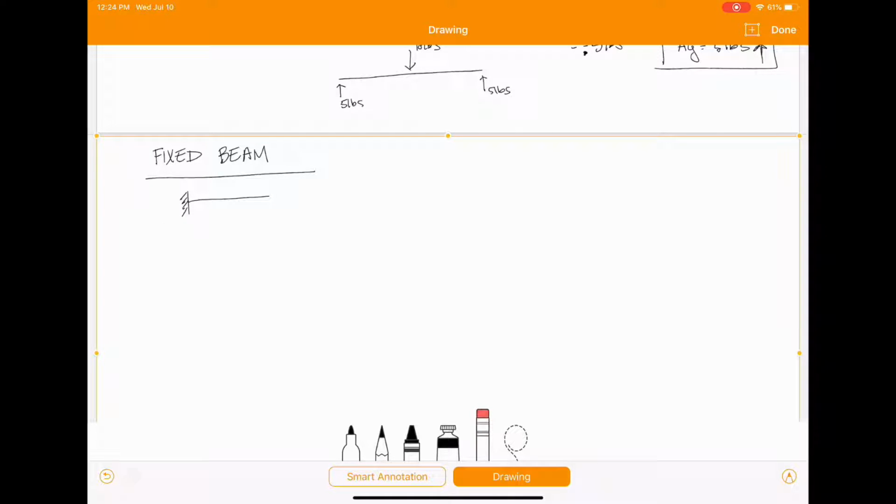So, if we consider as we did the simply supported beam, if we look at this support right here, this is like having a beam stuck in the wall. So if you push up right here, the beam can't move in the Y direction.